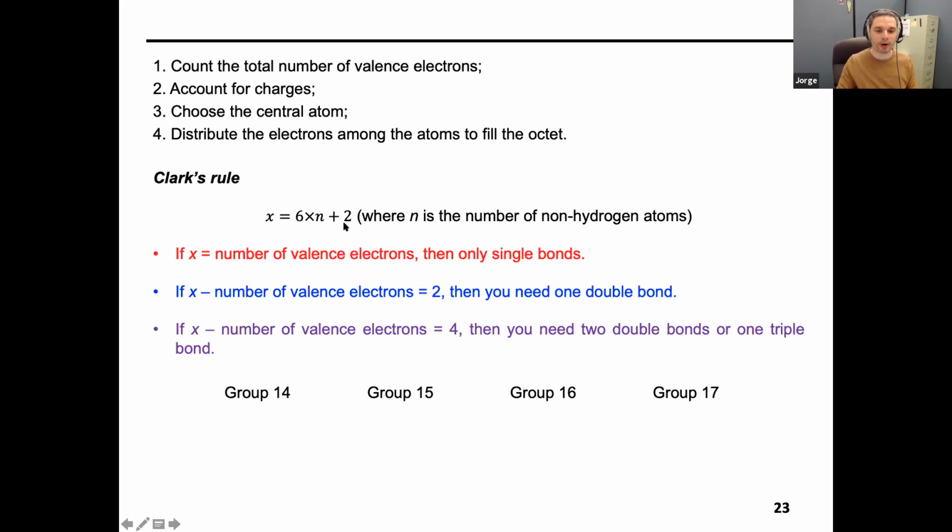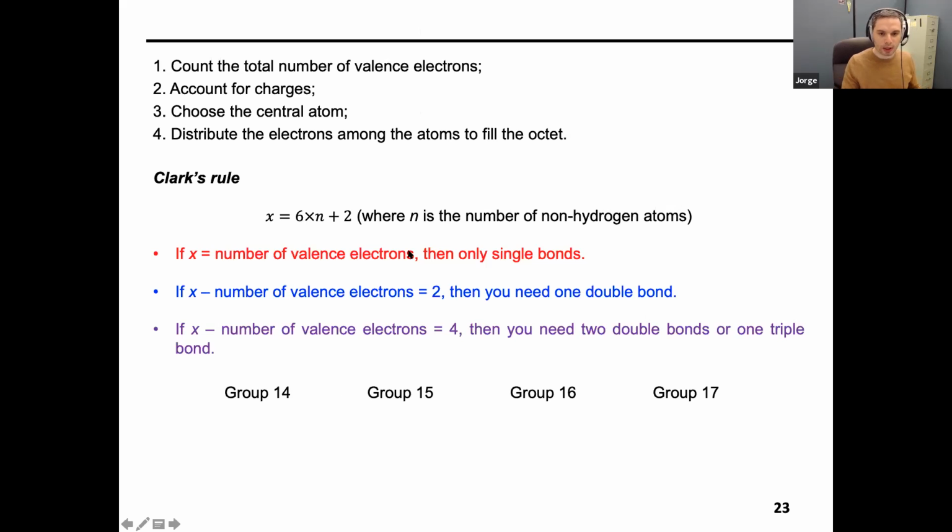And we are going to compare X with the number of all the valence electrons from the compound. If X is equal to the number of valence electrons for the compound, then we only have single bonds in the compound. If X minus the number of valence electrons is equal to 2, then you need one double bond. And if X minus the number of valence electrons is equal to 4, then you need two double bonds or one triple bond.